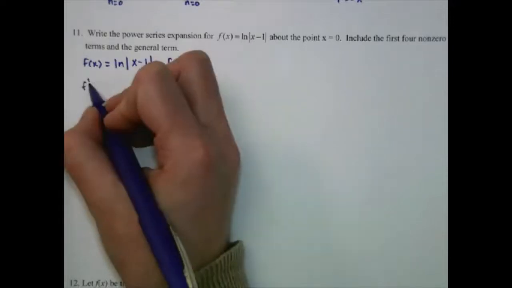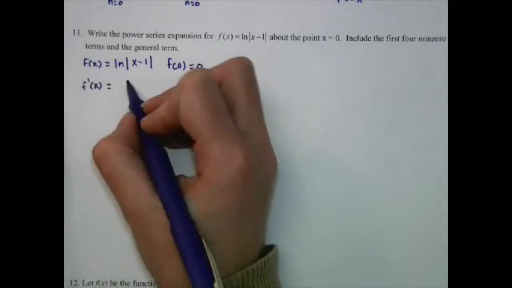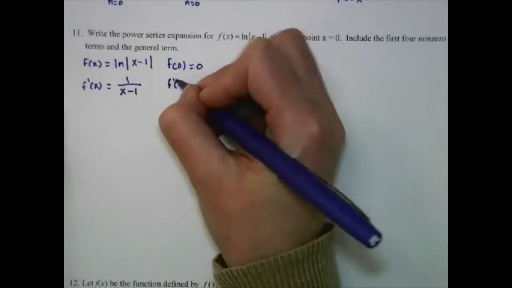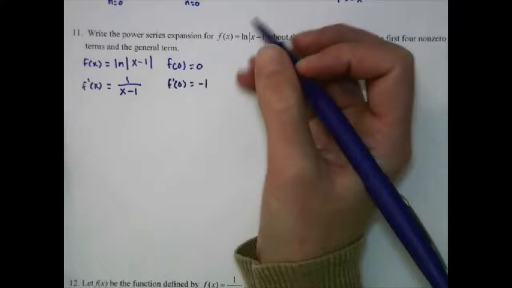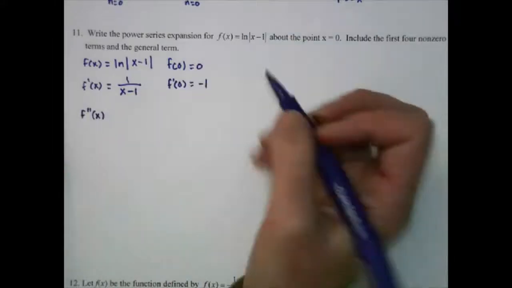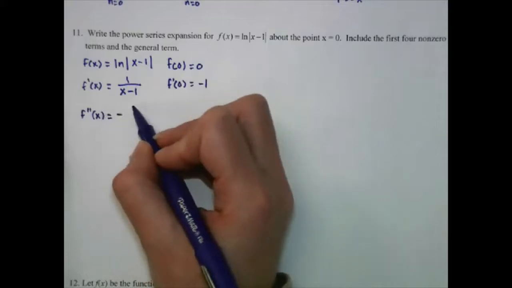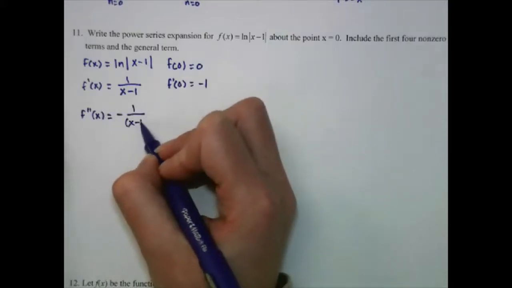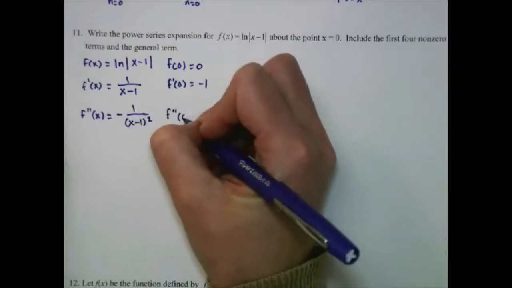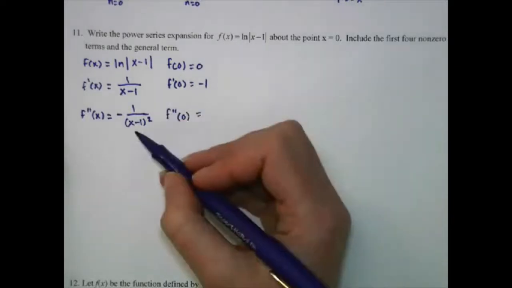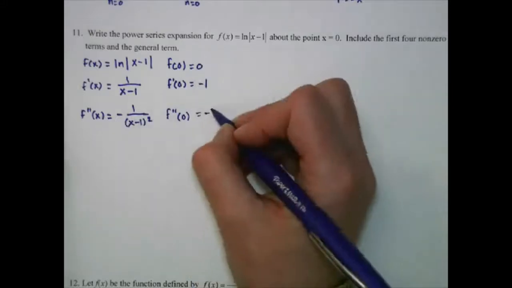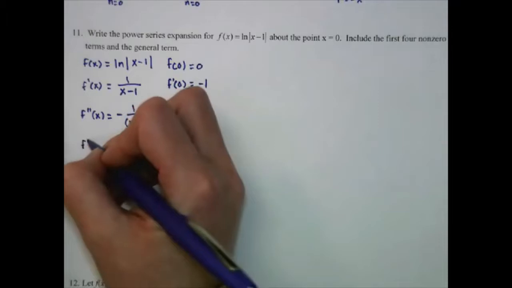Then we're going to take the derivative. So that's going to be 1 over x minus 1. If we plug in a 0 here, we're going to get negative 1. The second derivative is going to be negative 1 over x minus 1 squared. If I plug 0 into this one, this is going to be a positive 1, but then that's going to make it negative.